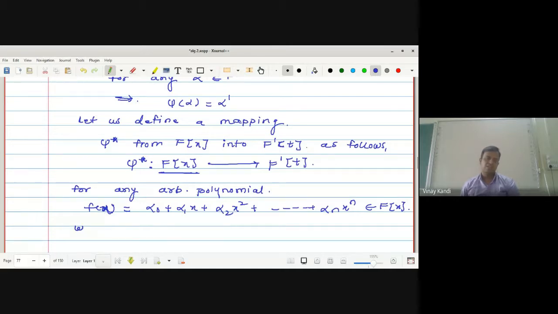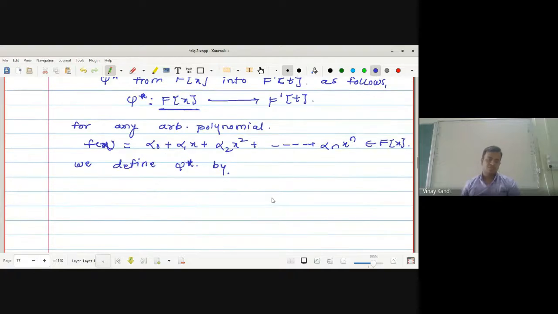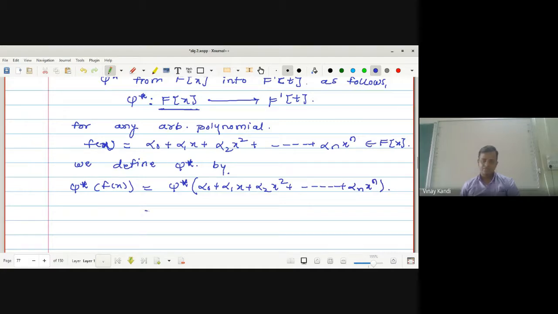So we define psi star like this: psi star of f of x is equal to psi star of alpha naught plus alpha 1 x plus alpha 2 x square plus and so on up to alpha n x raised to n, which is equal to psi of alpha naught plus psi of alpha 1 and this t. Where will your mapping go? It will go into this.